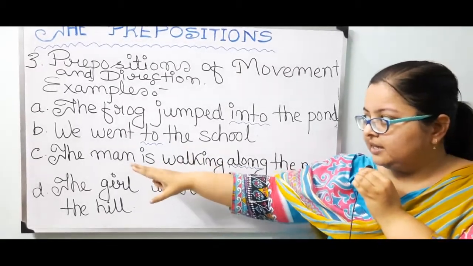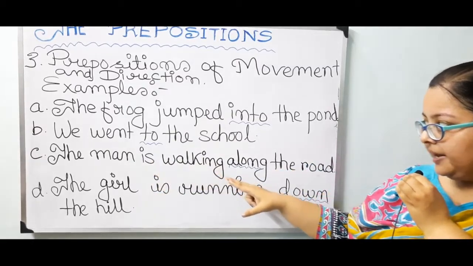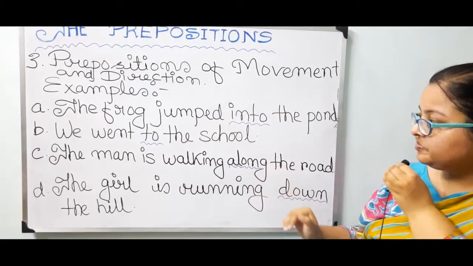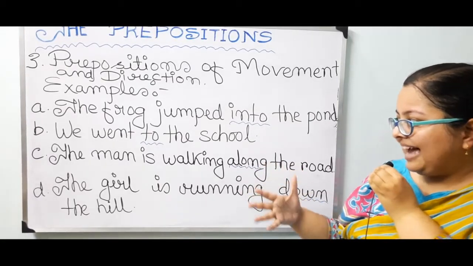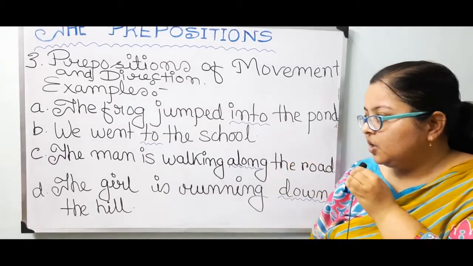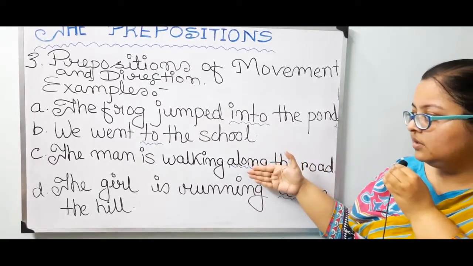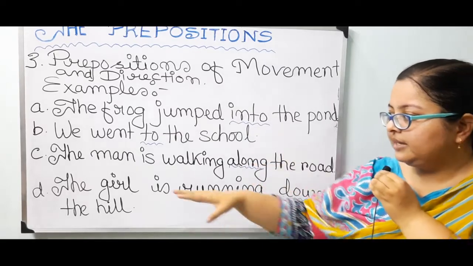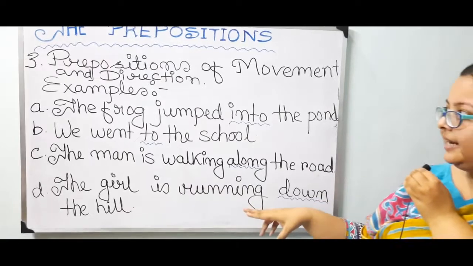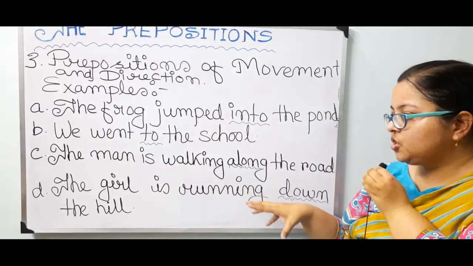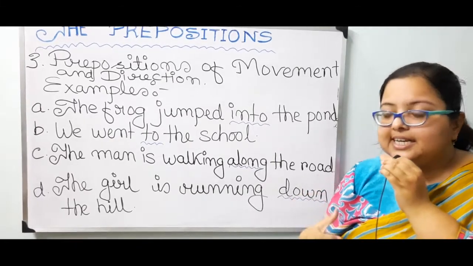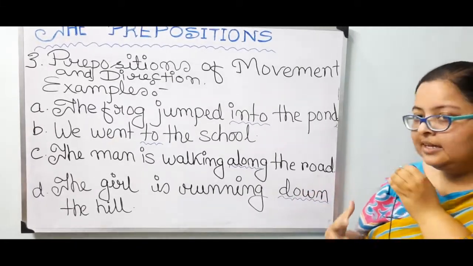Next, number C, the man is walking along the road. So basically, where the man is walking, he is going along the road. Next, the girl is running down the hill. So where is the girl basically running?